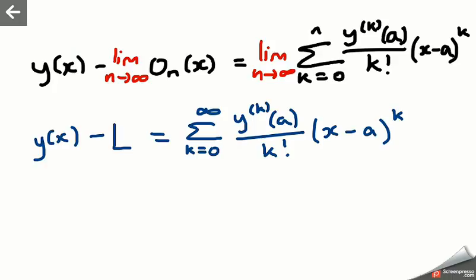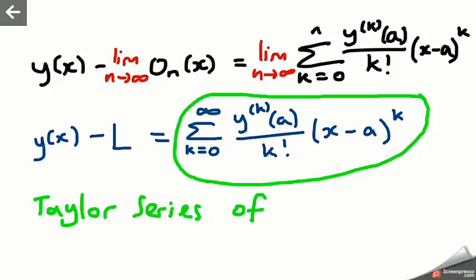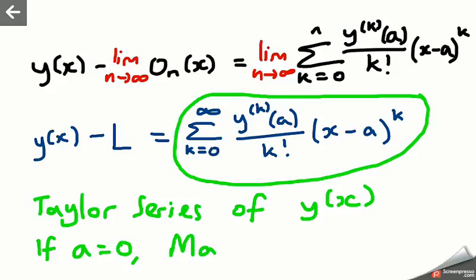And this thing on the left-hand side is called the Taylor series of y of x. If a equals 0, it's called the Maclaurin series.